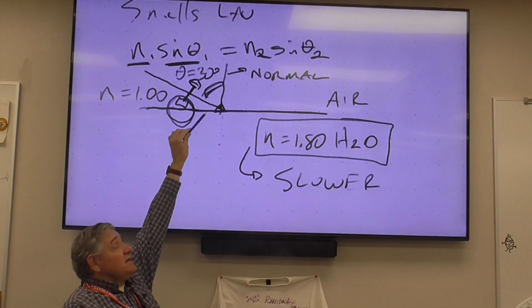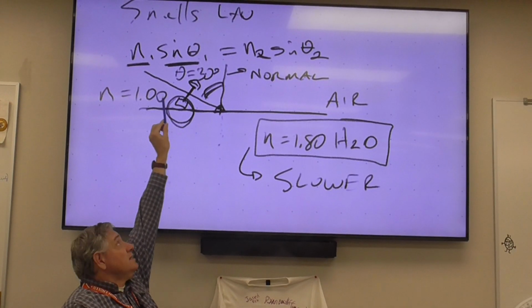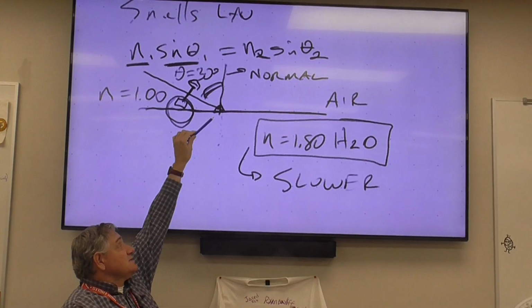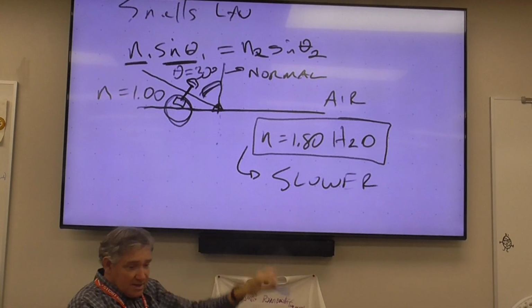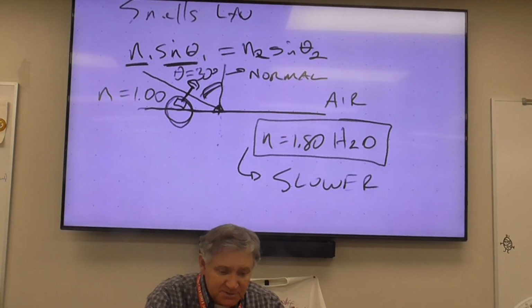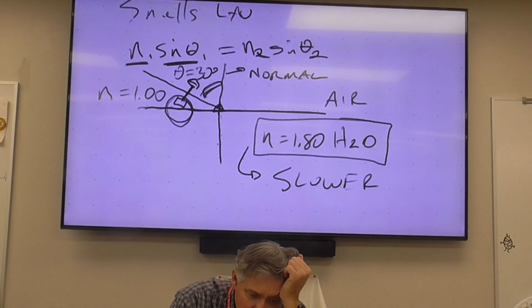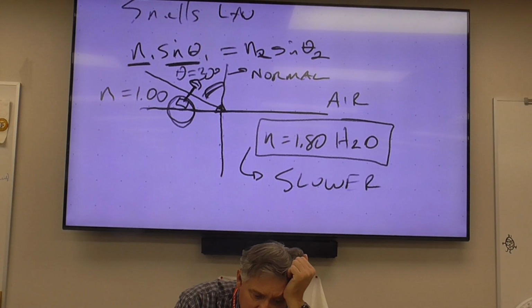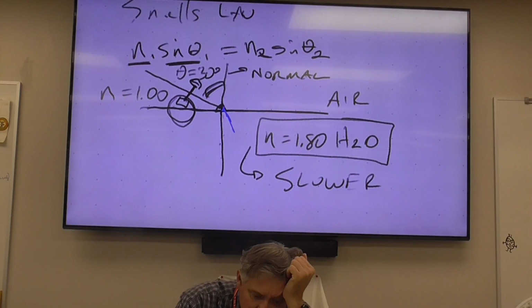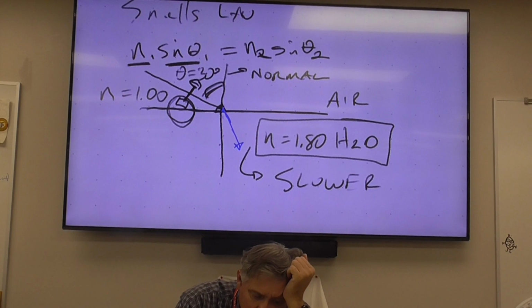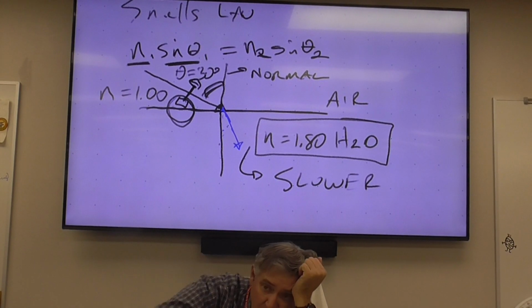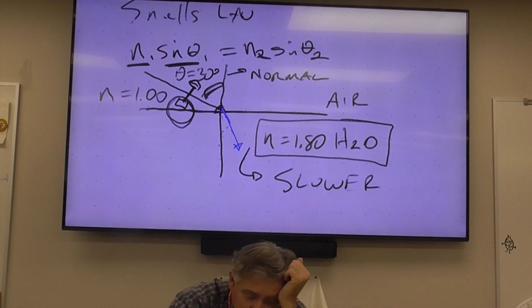The other side keeps going. So it's going to go like this. From a conceptual standpoint, you can make the argument that when that hits, the angle should get bent towards the vertical, okay?